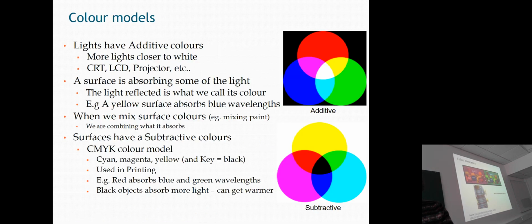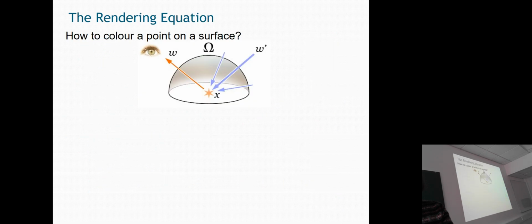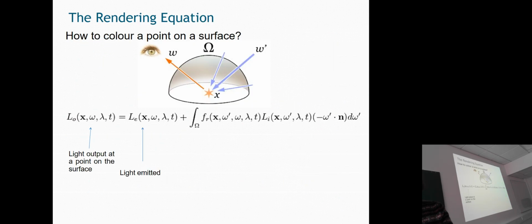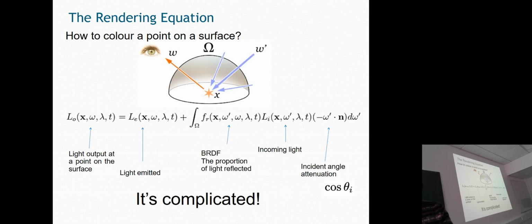A few words about color constancy, color models, and then this super important equation that we need to understand, how it works. So does anyone remember, and can anyone explain, what the rendering equation is and what's happening here?